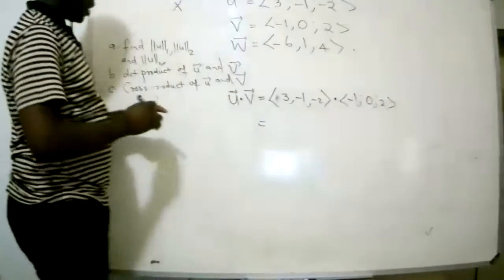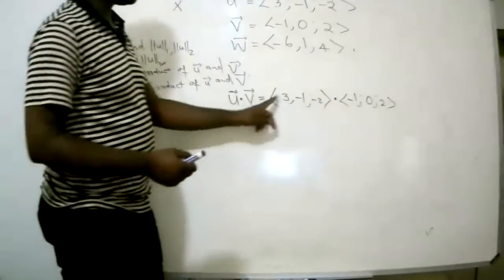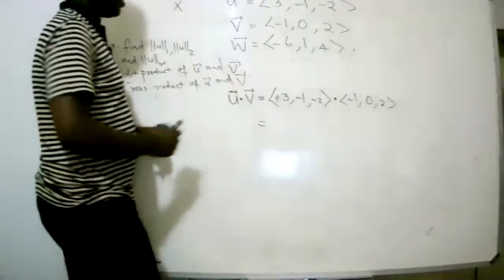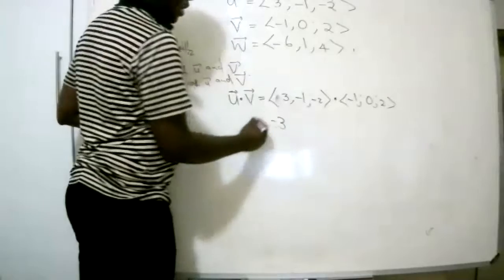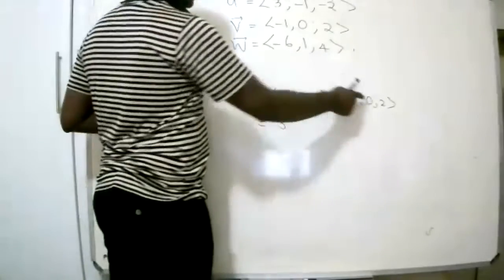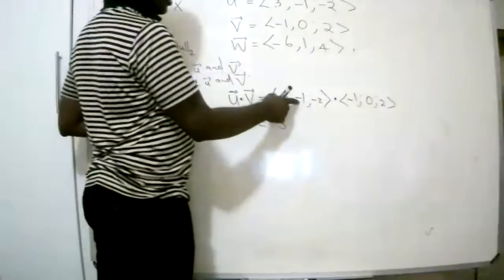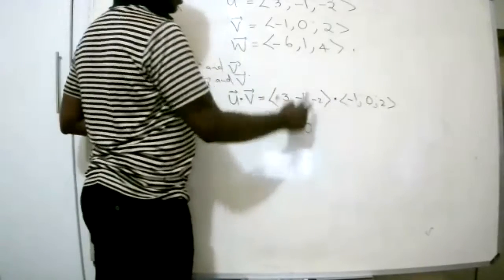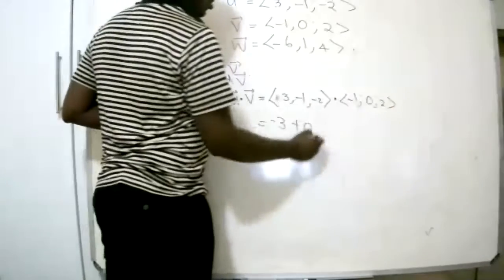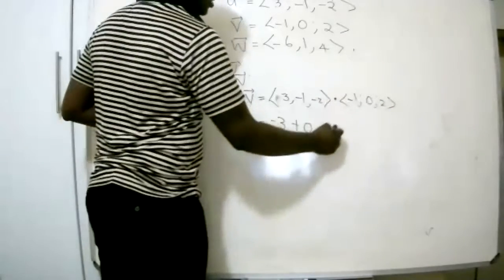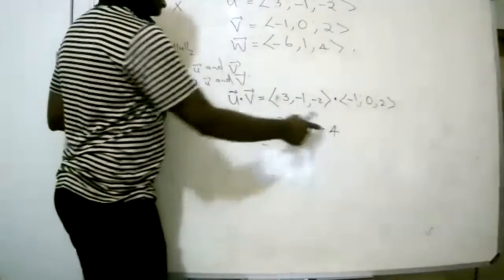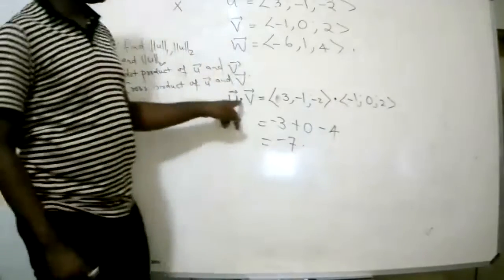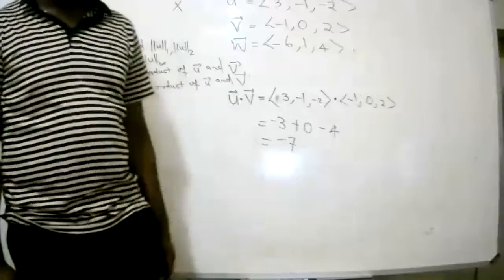To get the dot product, we multiply the first component with the first component, which gives -3. Then the second component with the second component: -1 times 0 is 0. Then we multiply -2 and 2, which gives -4. Adding them gives -7. So -7 is the dot product of U and V.